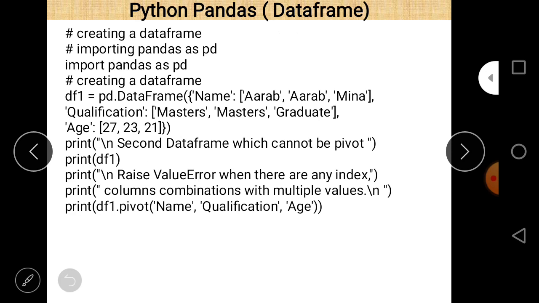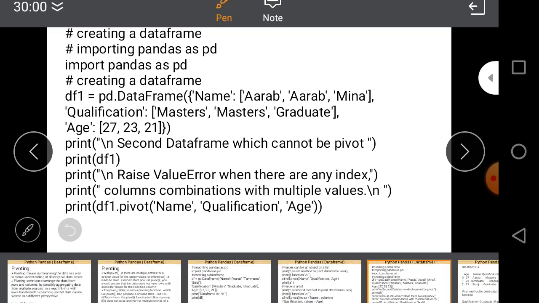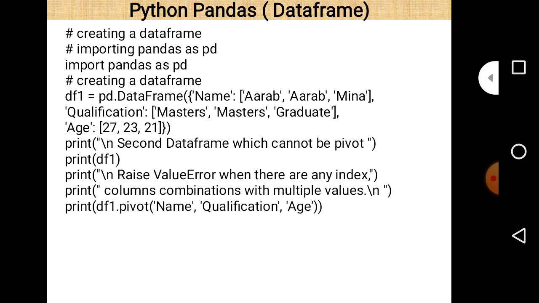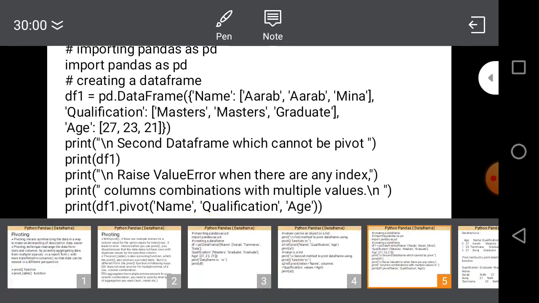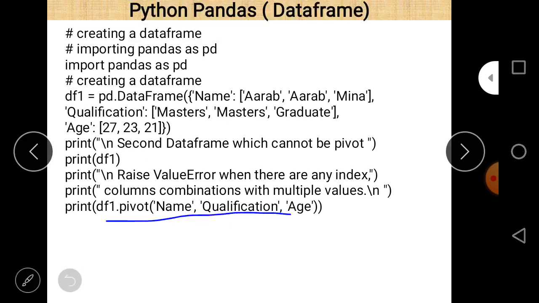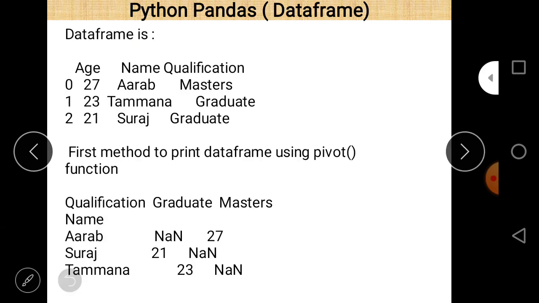So there is a mention that this data frame cannot be pivoted. Why? Because there is a duplication of values. And when we want to create a data frame using this statement, df1.pivot name, qualification and age, then there is an error here.